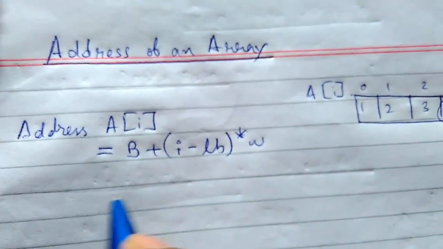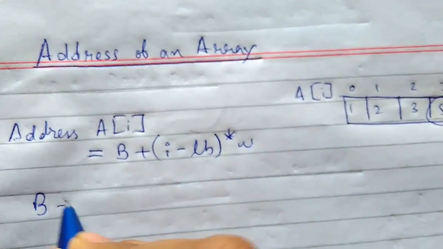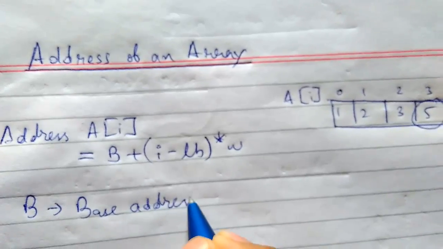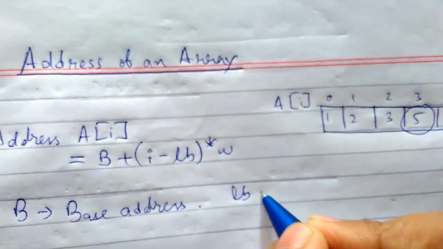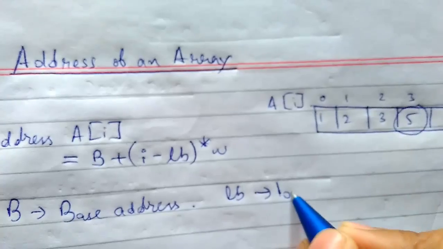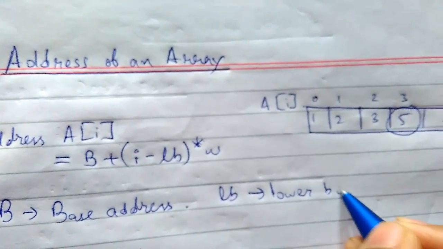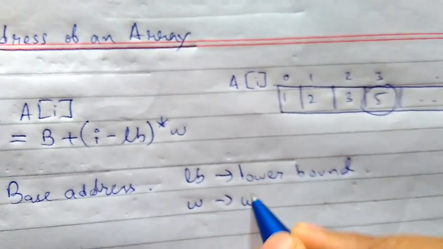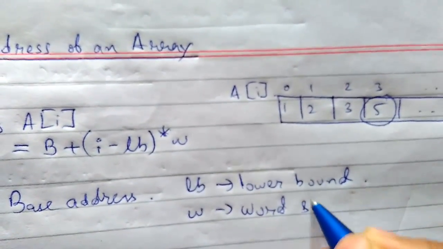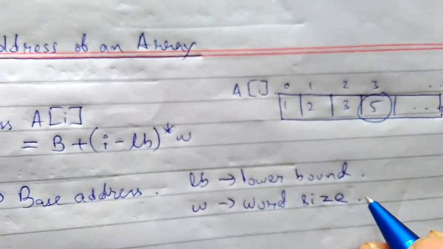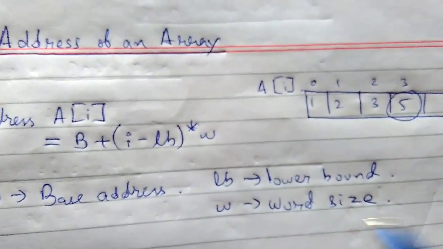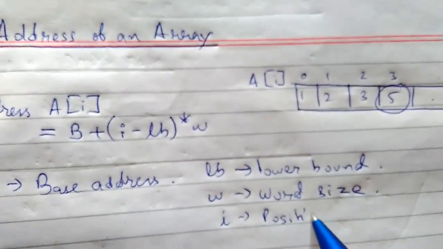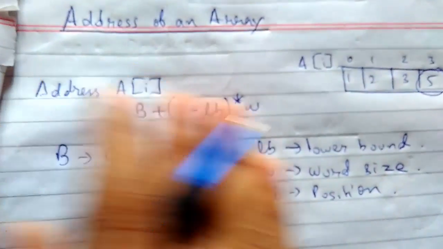Now we'll define all the terms, where b is the base address, lb is the lower bound, w is the word size, and I is the position, the current position which you are looking for.